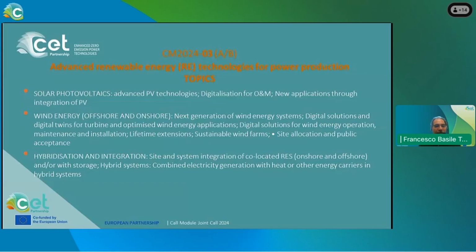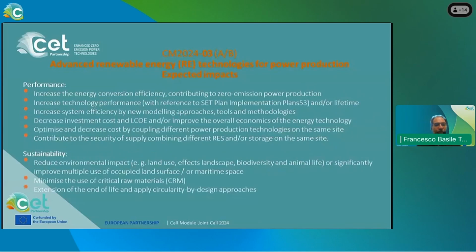It's also very important to hybridize the system by combining electricity generation with heat or other energy carriers, also considering improving the overall system by storage of power in different forms. Next slide, and I think the last slide from my side.